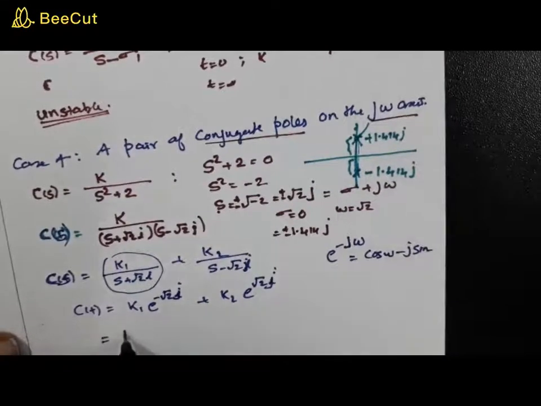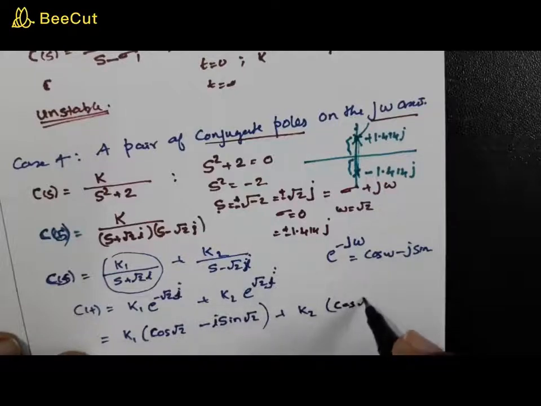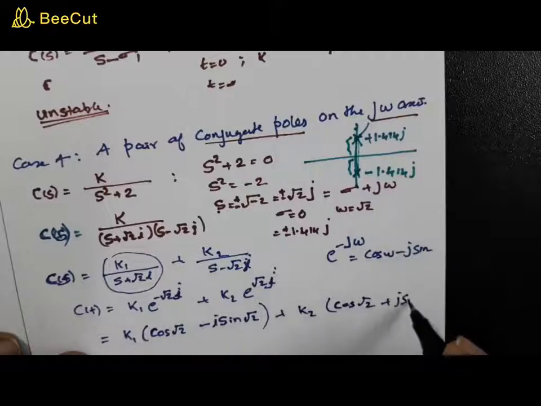If you expand this, you can see that this will be cos root 2 minus j sine root 2, plus the other term, cos root 2 plus j sine root 2.